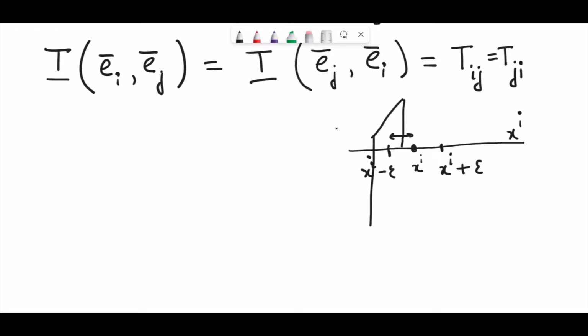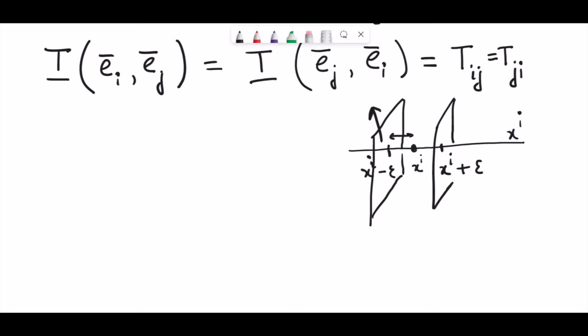Because remember, we are talking about the space-like part of the tensor. And we can assume there is also an associated surface, and on this surface some sort of force is acting, and the same can be said about this surface as well.